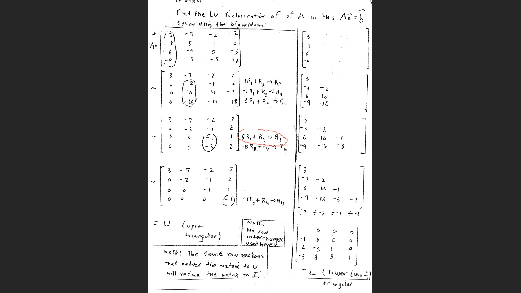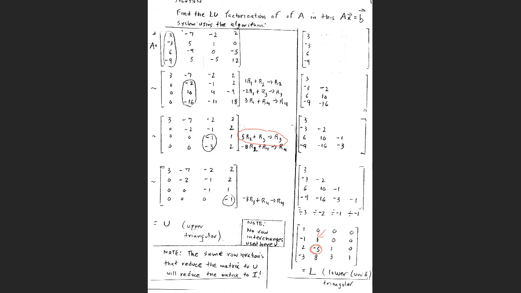If you took 5 times the second row and added it to the third row, what would you get here? So, you're using the 1 as a pivot. You get a 0. Good, Haley.